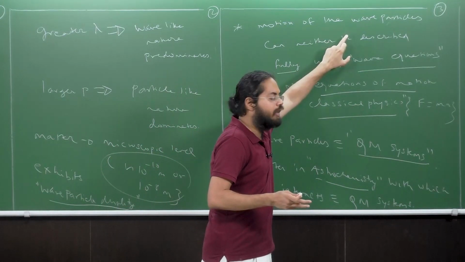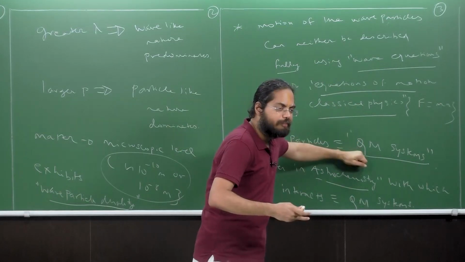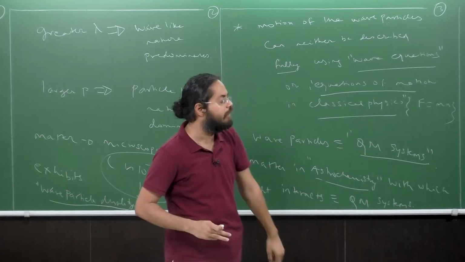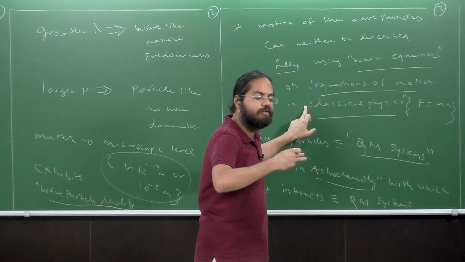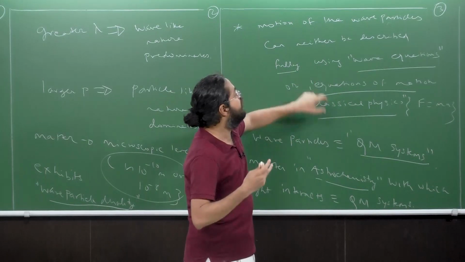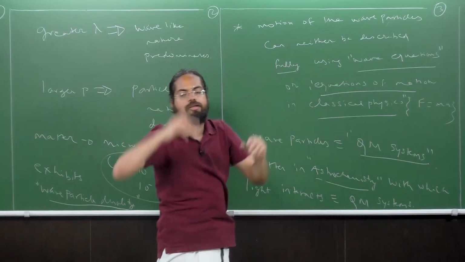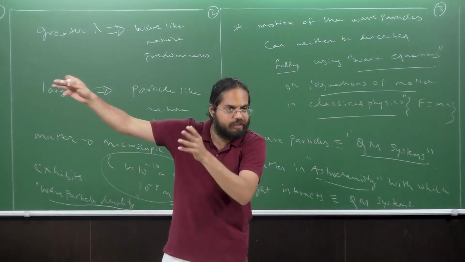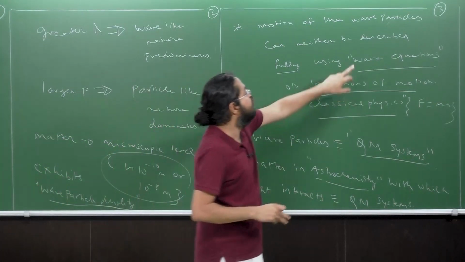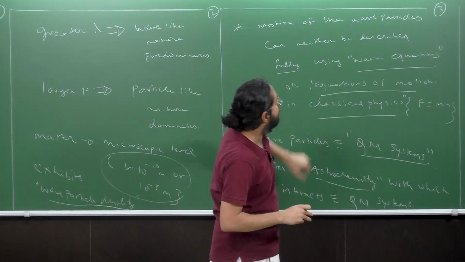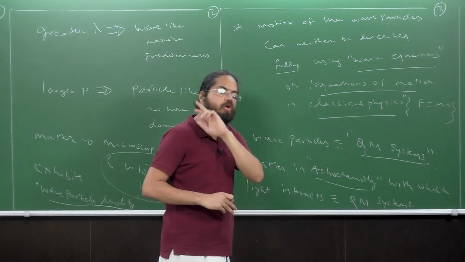And these wave particles are also called quantum mechanical systems, and the equations used to describe their motion are not the same laws of equation as in classical physics, that is F equals ma, because we're neither talking about waves for which the conventional wave equations, y equals A sin(ωt + kx), those type of equations, will not be satisfactory, and even purely classical physics type equations will also not be satisfactory.